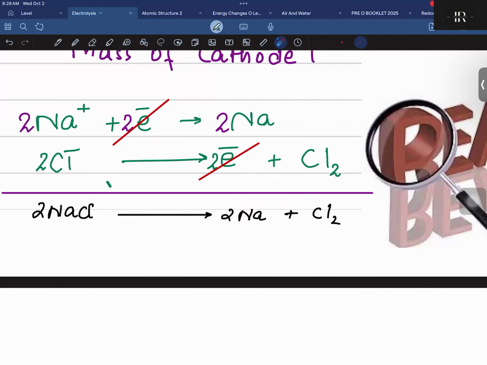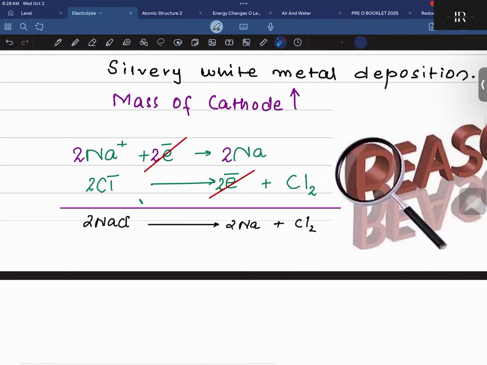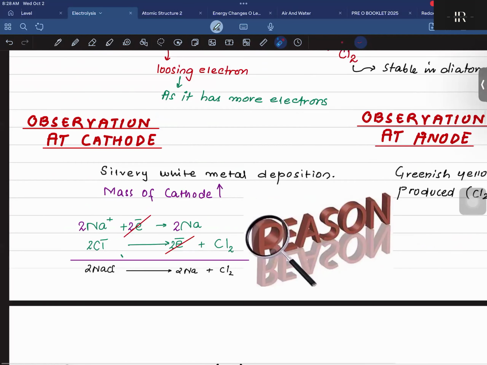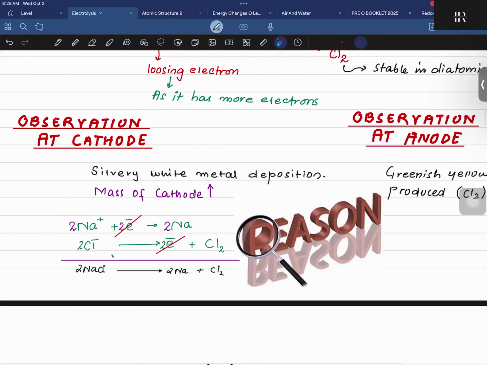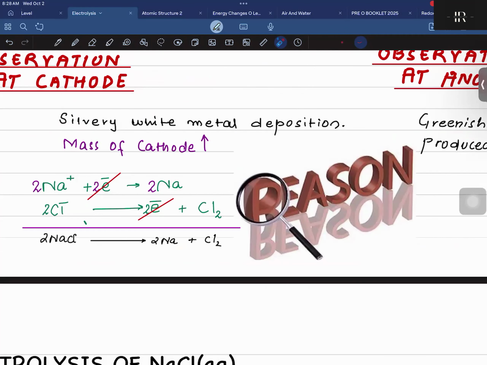You would see in that beaker, in that container, that at the cathode, a silvery white solid is deposited. That is the sodium metal. The color of the sodium metal is silvery white.